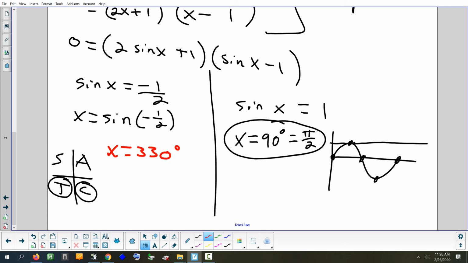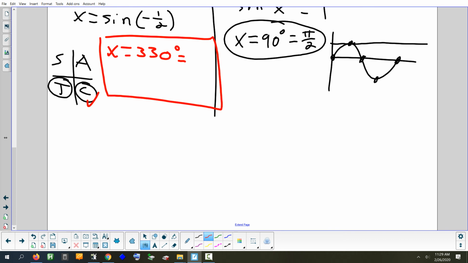What quadrant is 330 in? Yes. There's your fourth quadrant answer. Now, we need the third quadrant answer.